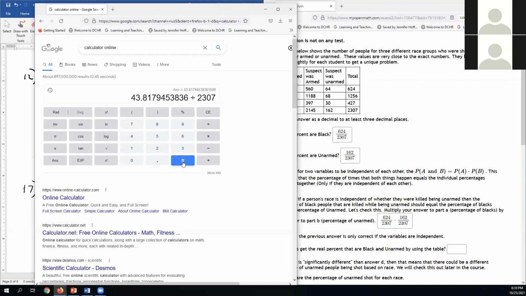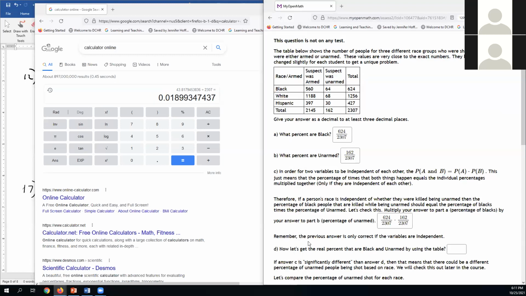So you can see we get something like this, 0.0189. So that value there of these two fractions multiplied together, if you like it as a decimal, is 0.01899. It's about 1.9%. So remember, this is only correct up here if they're independent.